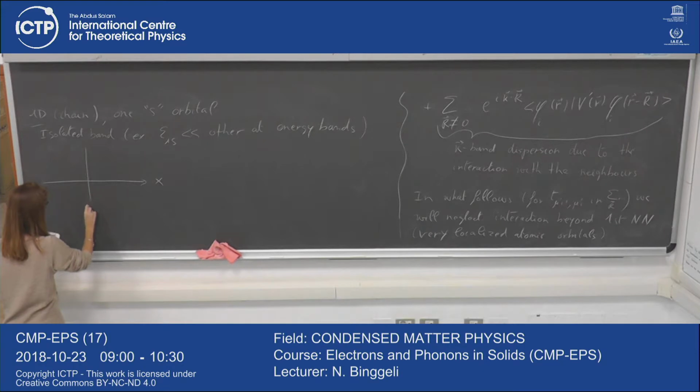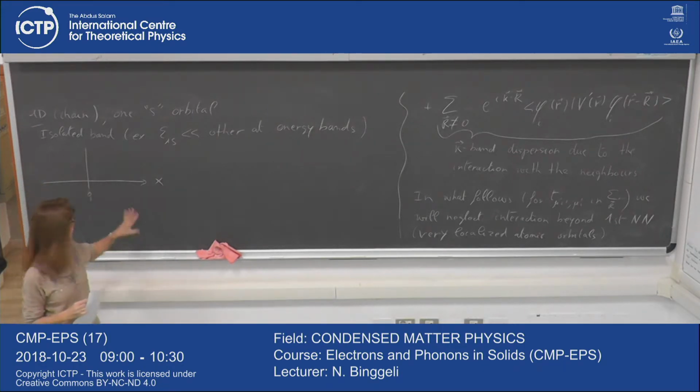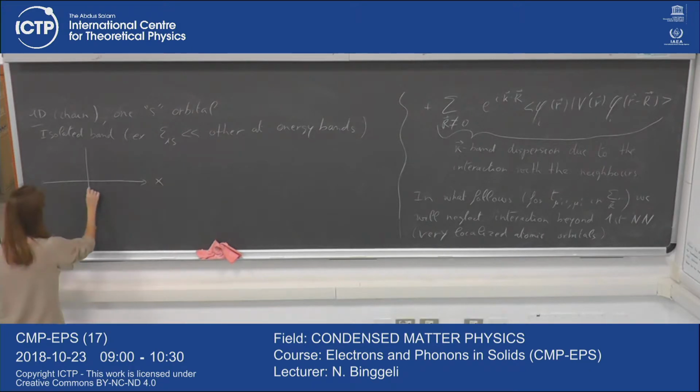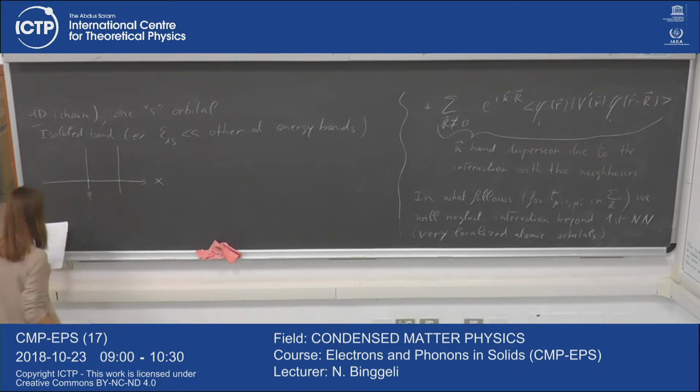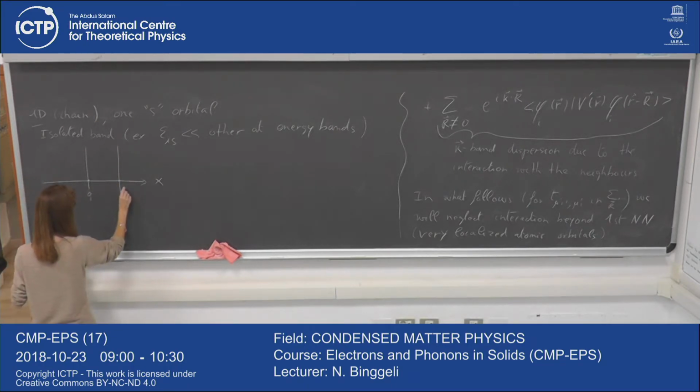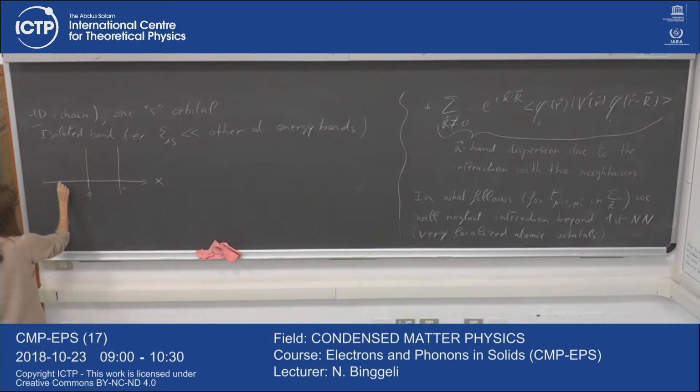I have my reference site, the unit cell around the origin, so this is my atom at the origin, and I have an atom which is centered at the distance a, and an atom which is centered at minus a here.